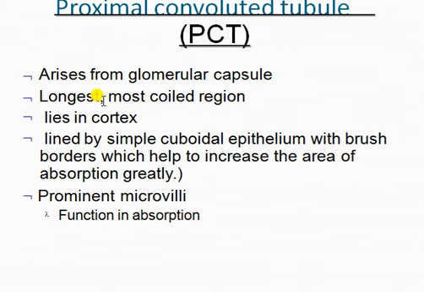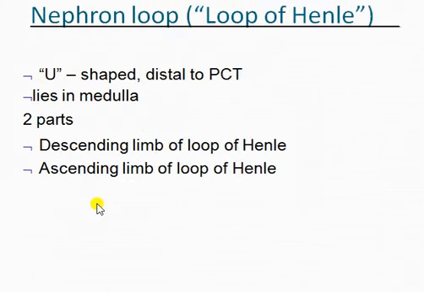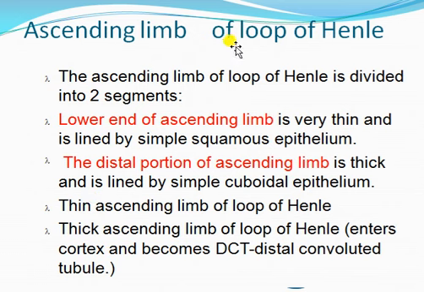Already discussed; next, the ascending limb of the loop of Henle is divided into two segments. The lower end of the ascending limb is very thin and is lined with a simple squamous epithelium. The distal portion of the ascending limb is thick and is lined with a simple cuboidal epithelium.